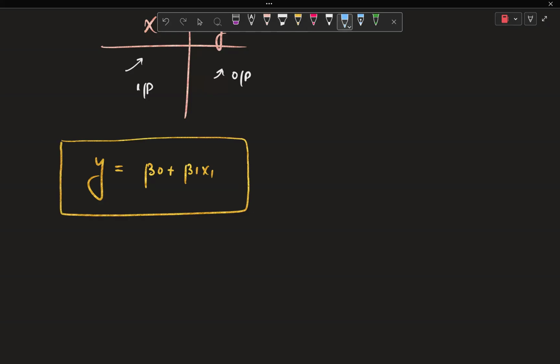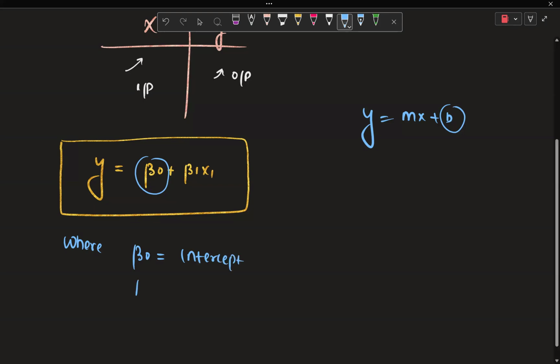What was the equation of a straight line? y equals mx plus b. So guys, it has changed a bit. In place of b, what do you have? Beta naught, right guys? So beta naught here is called what? Intercept. Okay. The name is changed a bit.